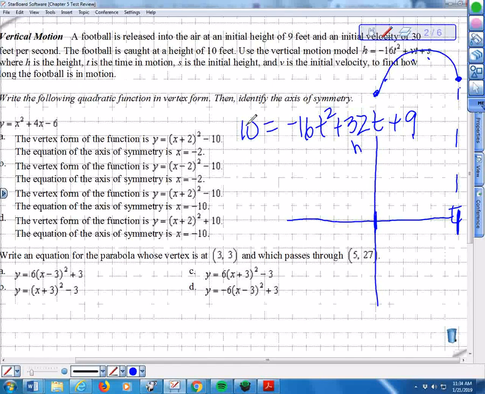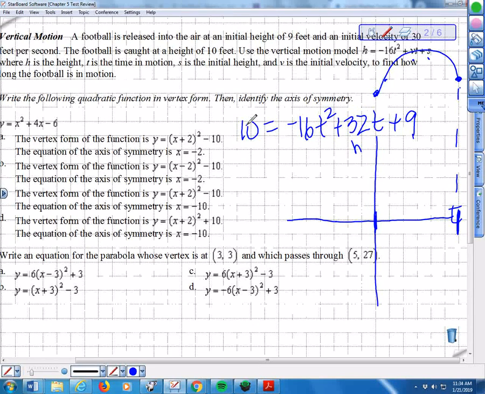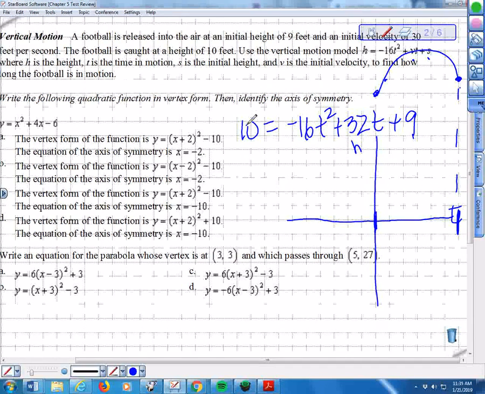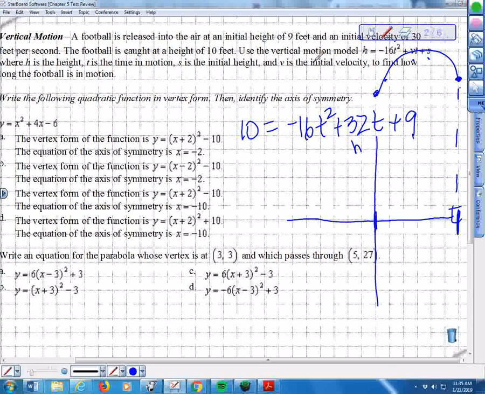In order for me to do problems like this, that's my process. I have to graph it, even though it's not a perfect graph. I just need to sketch it so I really understand what the problem is and what they're looking for. Okay? If you don't do that, then you're the kind of person that looks at these and says, it's a word problem, I give up.